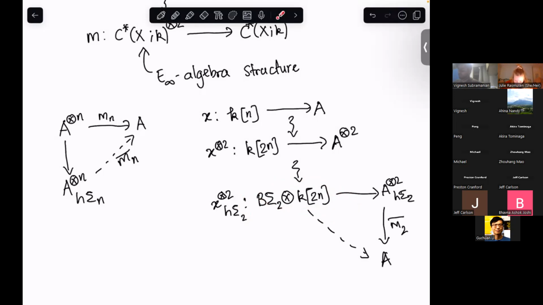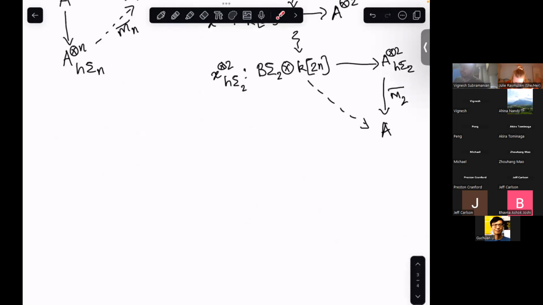So you'll have a bunch of classes here, and they hit the corresponding classes in the homotopy groups of A. So for every integer i, you get a bunch of maps Q^i from π_n of A to π_{n+i} of A. And these are what are called power operations.